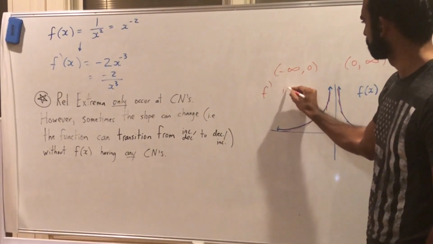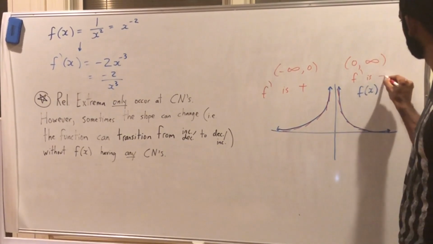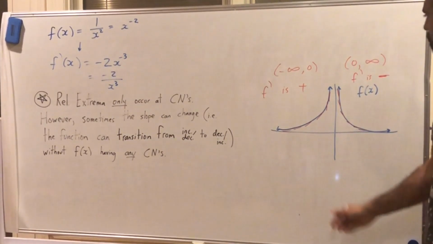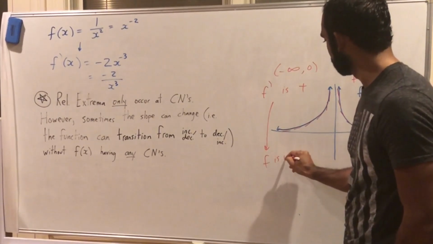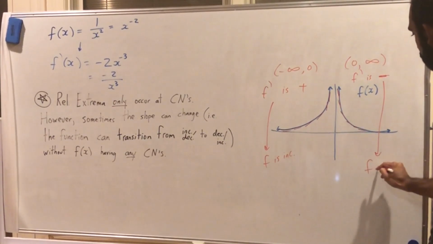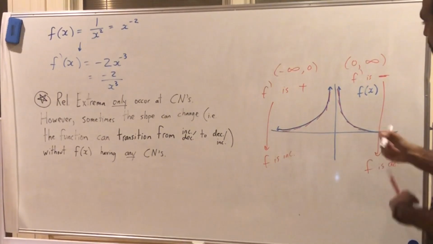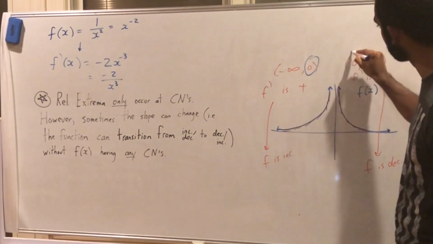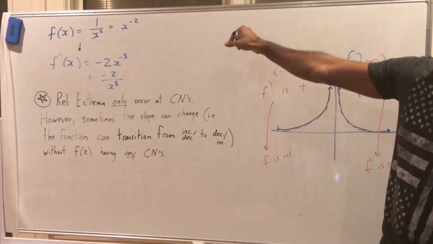So the derivative is positive there, the derivative is negative there, this is an interval of increase, and likewise this is an interval of decrease. Again, the point to emphasize is that I did interval testing not with a critical number in this case, but with a vertical asymptote. That makes sense?